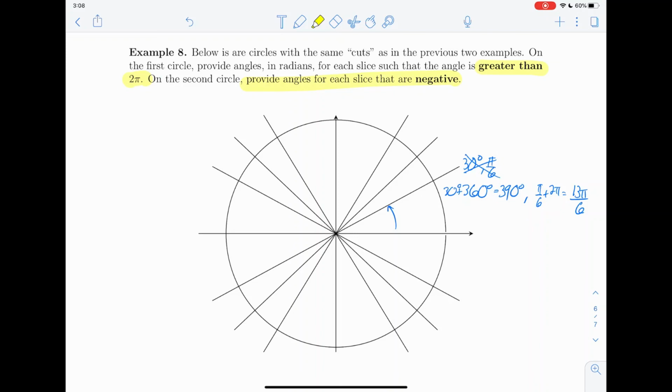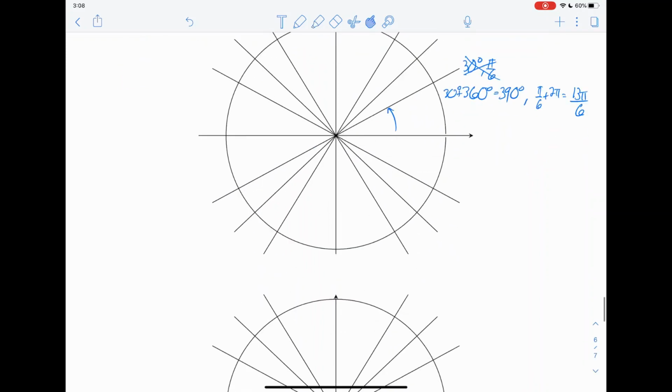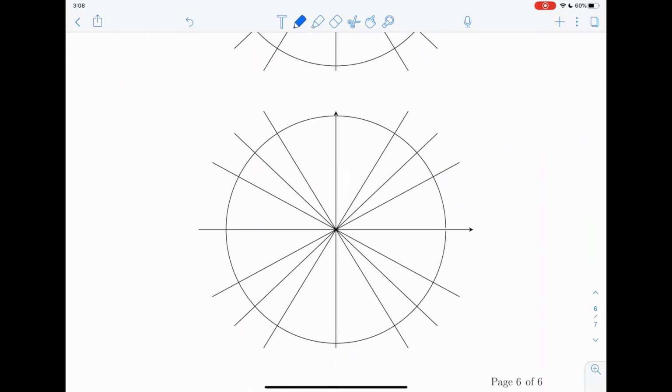So in that case, what you might have to do is take what would otherwise have been, for example, 45 degrees or pi over 4, and instead consider, say, 45 degrees minus 360 degrees, otherwise known as pi over 4 minus 2 pi, which if you did it with fractions, you would end up with something like negative 7 pi over 4. So take a crack at that and see if you can fill out the remainder of these circles.